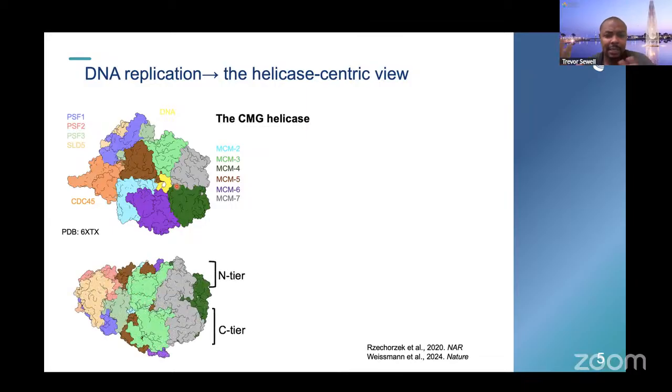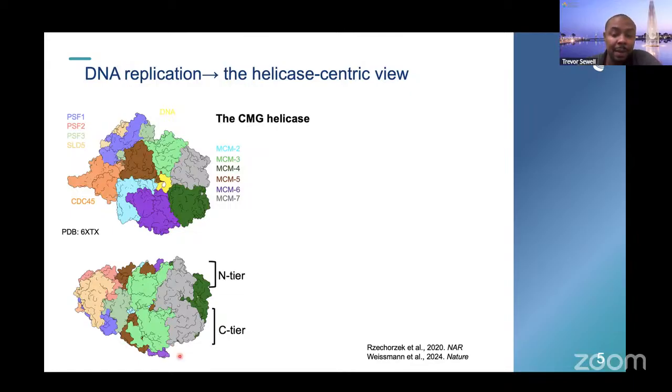Like I said, it's assembled in a ring form, and this ring is a two-tier ring with the N-tier forming like a collar and the C-tier on the bottom that houses the AAA+ helicase motor, which facilitates hydrolysis of ATP to enable translocation on DNA.